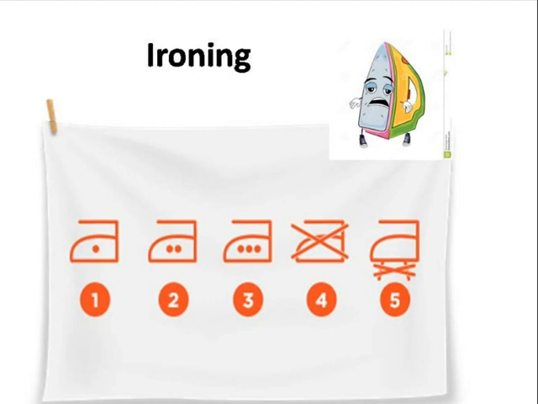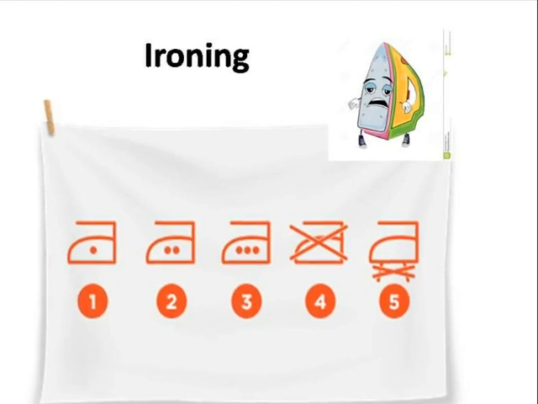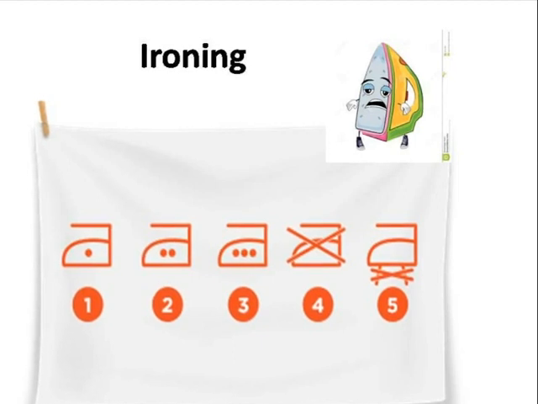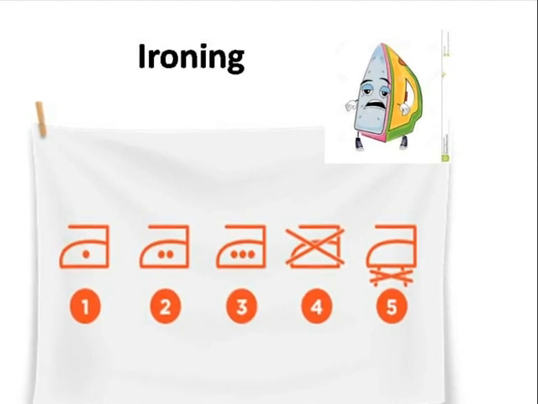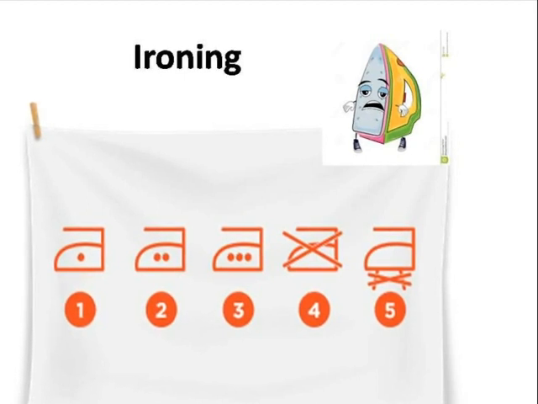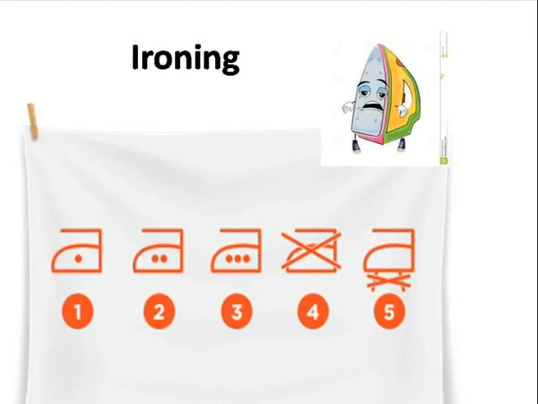You should have noticed that there is a dial indicating temperature on every iron. Fabric type and suitable temperature according to the fabric type is always printed on the dial on every iron.